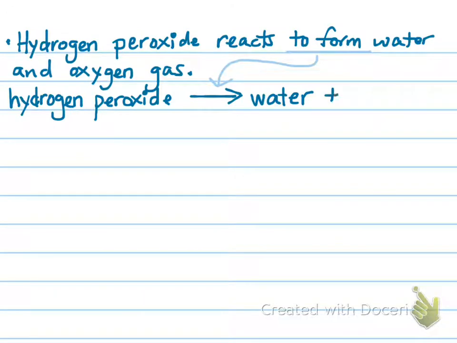So it's going to be a plus sign. So this and became my plus sign. And oxygen gas, and I don't even need to bother with the gas. Again, that's kind of extra information. All that's important to me is that it's oxygen. Okay? So that is my word equation for this.